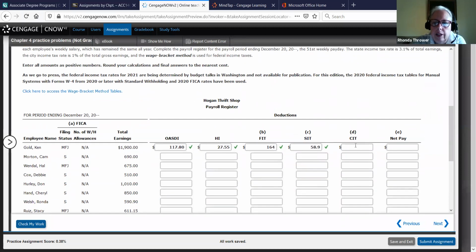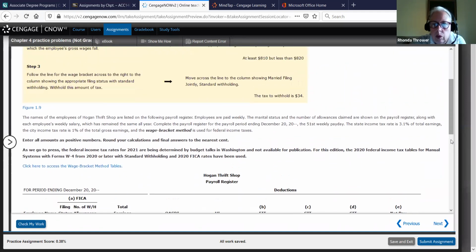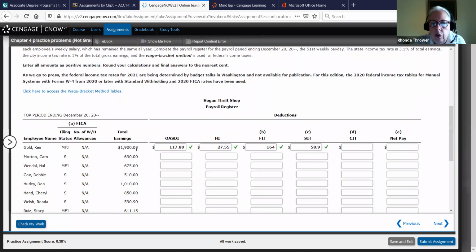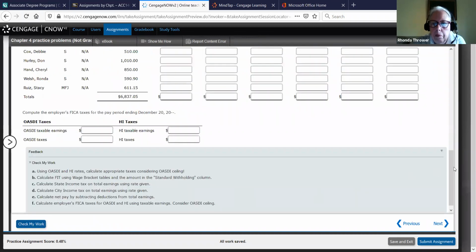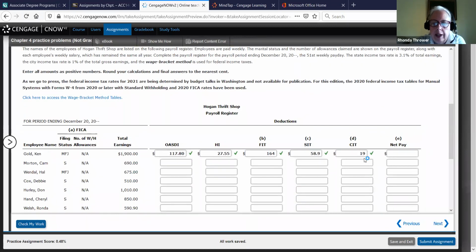And then indeed, they're looking for the city income tax. The city income tax is 1% of the gross earnings. So 1% times 1,900 is $19. And that's your city tax.